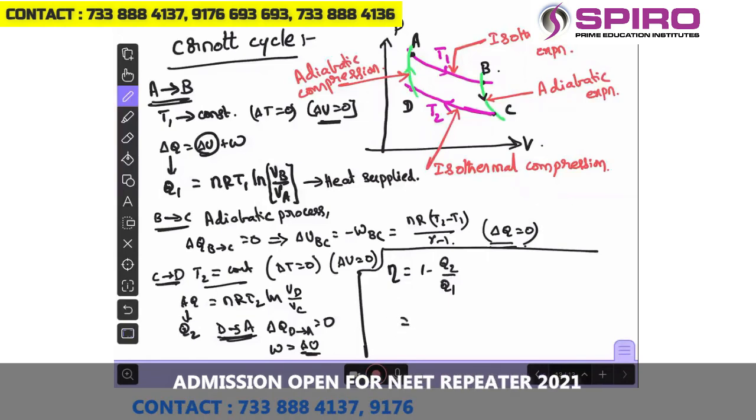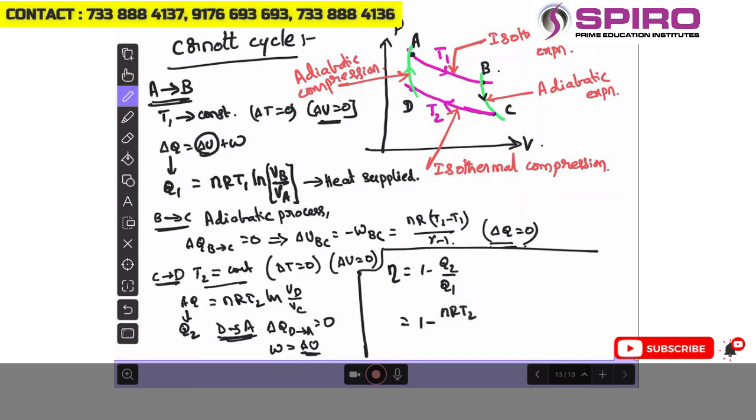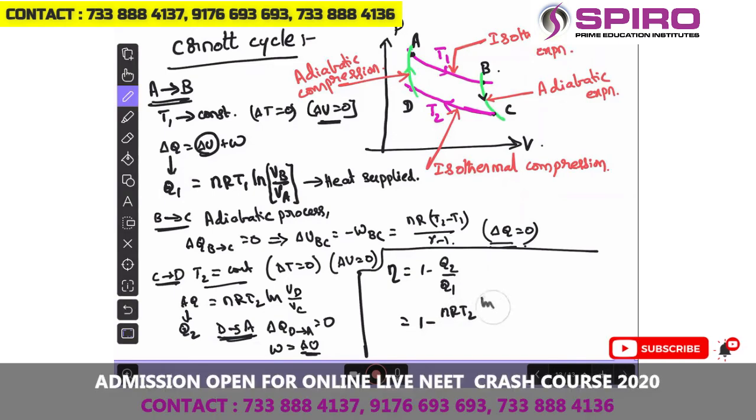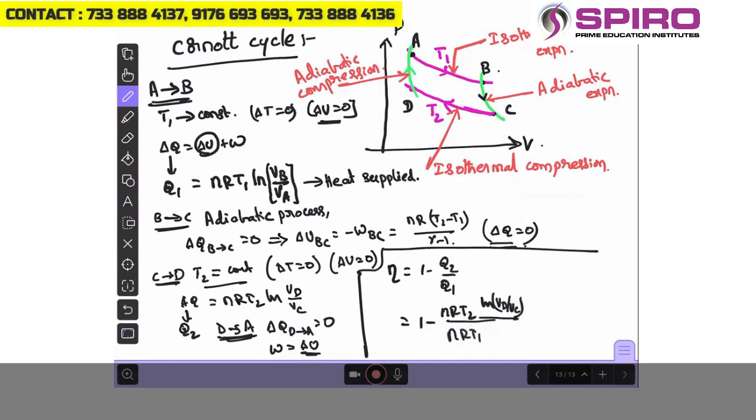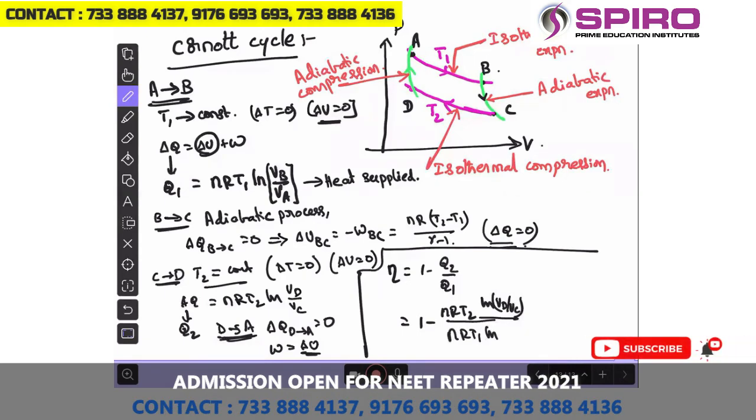You just write the rejected heat in the isothermal process, that is equal to 1 minus nRT2 ln VD by VC divided by nRT1 ln VB by VA.